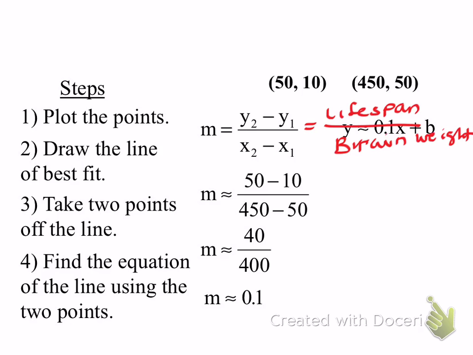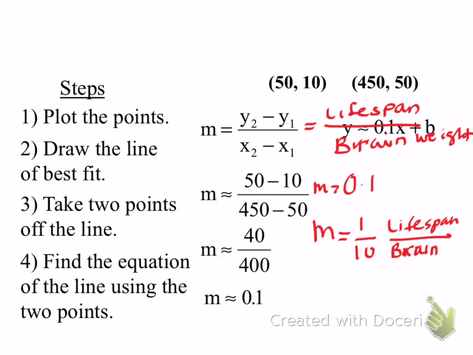Now, although we're using 0.1 as my m, let's convert that to a fraction. What fraction would that be? Yes, 1/10. So now, make sense of that. If this is lifespan and this is brain weight, Tristan?